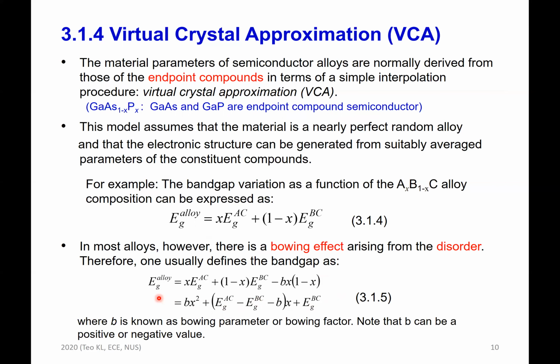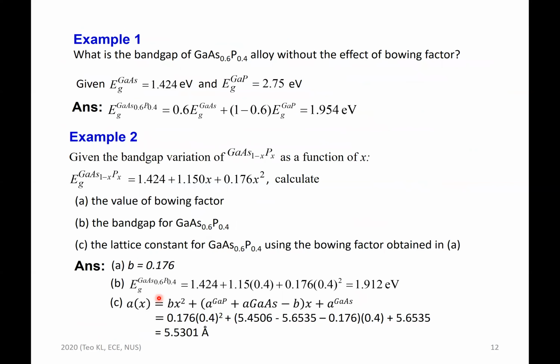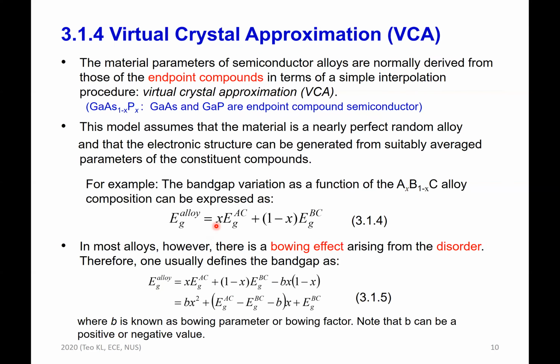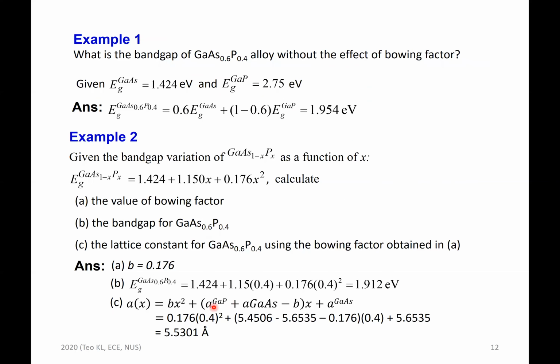So you have your equation for gallium arsenide phosphide. If you go by this equation, Bx squared plus, this will be your gallium phosphide plus a gallium arsenide minus Bx plus a gallium arsenide.